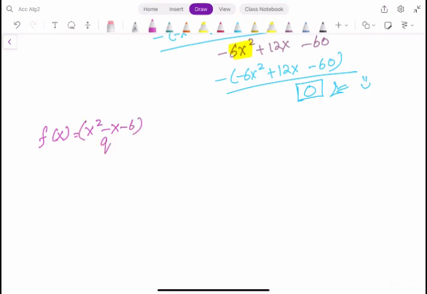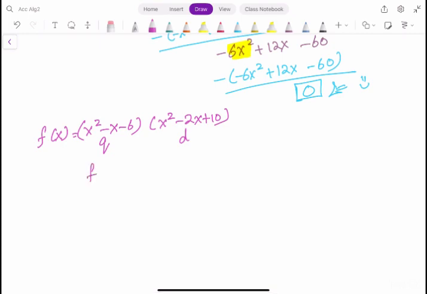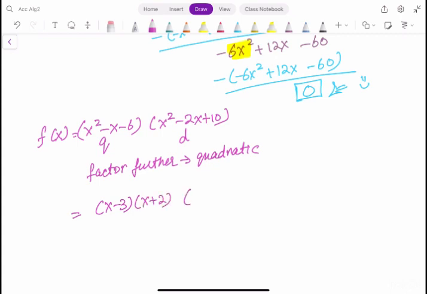So let's write everything down, the quotient and the divisor. Let's write down there, we can factor it further, the quotient can be factored further because it's a quadratic, x squared minus x minus 6. So which is nothing but x minus 3 times x plus 2. Now, for the divisor, it is already factored because that's what we started with, the two complex roots, right?